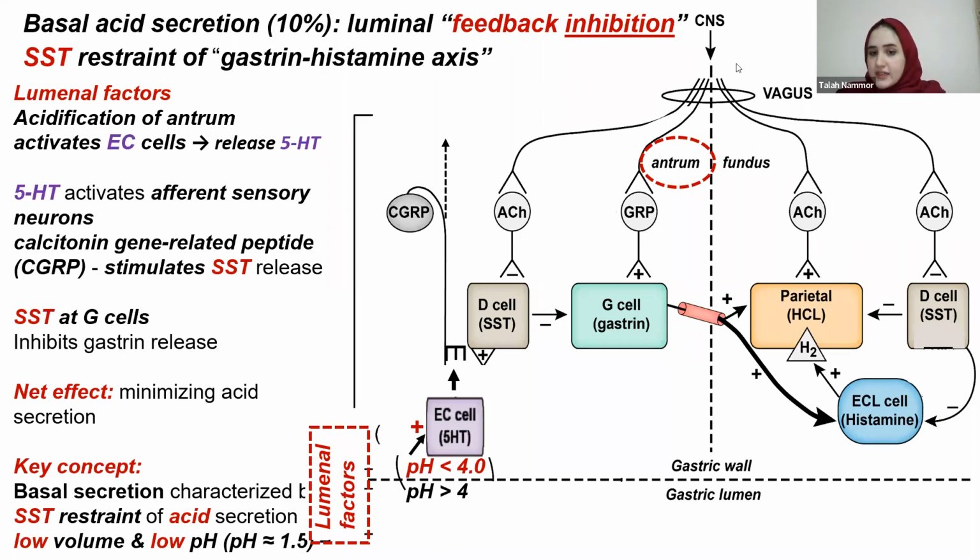So the vagus will come and stimulate the G cell. The G cell will release gastrin. This gastrin will stimulate histamine and the parietal cell, you know the steps. Now we have an increase, a lot of gastric acid, then SST comes, which will inhibit it.